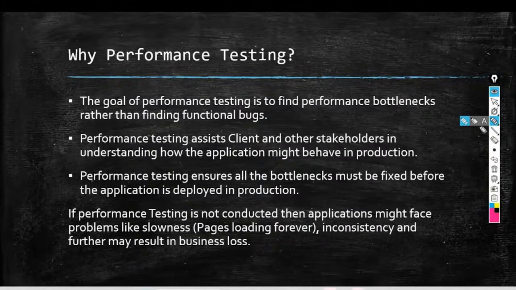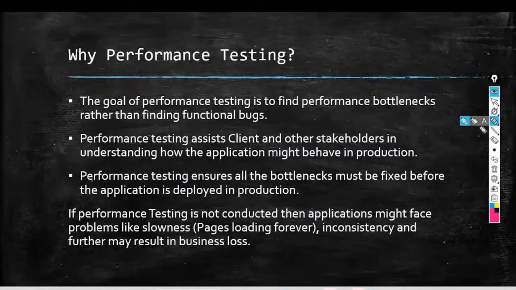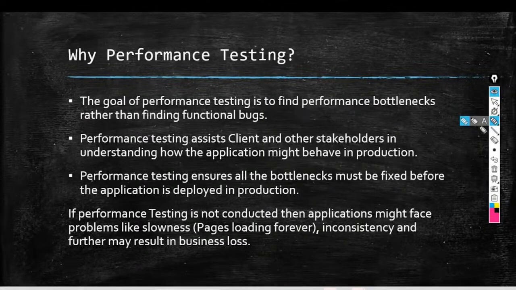Think from a normal user perspective. Let's say you are accessing some mobile application. Let's say you want to order some groceries. You downloaded some mobile app and you're trying to order groceries there. Let's say the application is a little bit slow.